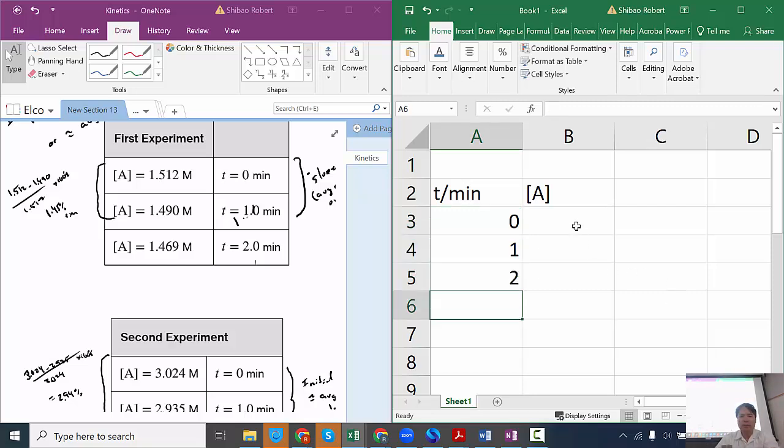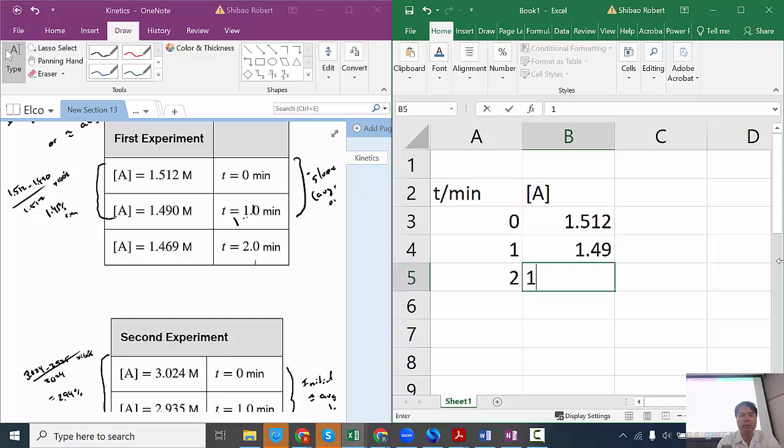And then for A, I'll just plug in the concentrations, 1.512, and then 1.49, and then 1.469. Oops. Let's change that.